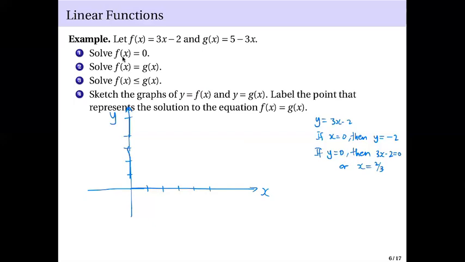This is for the function y equals f of x. So 0, comma 2. So we have this point here. And then 2/3, comma 0. 2/3, so it's somewhere here. And therefore, the graph will be something like this guy here.